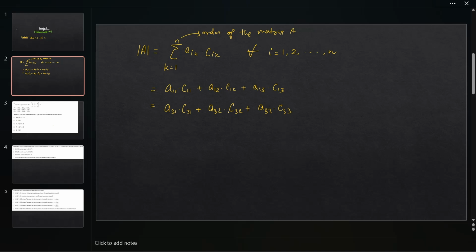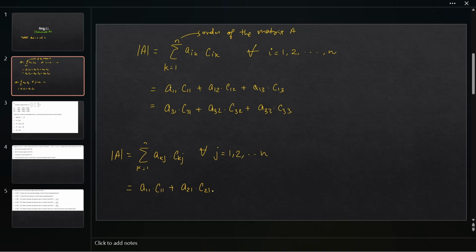This is not just true for the rows, this is also true for the columns. So I can also write it as the summation of Akj times Ckj, where k ranges from 1 to n, n again being the order of the matrix, and it is true for all values of j ranging from 1 till n. For example, if I expand along column 1, it would look something like this: A11 times C11 plus, this time k would change, A21 times C21.